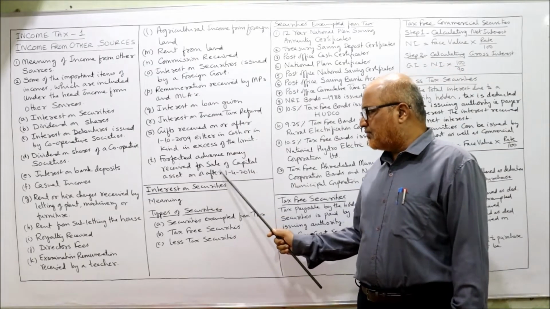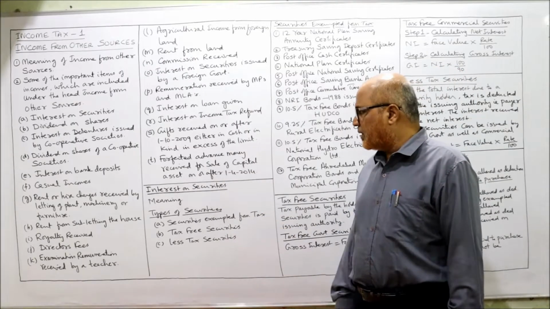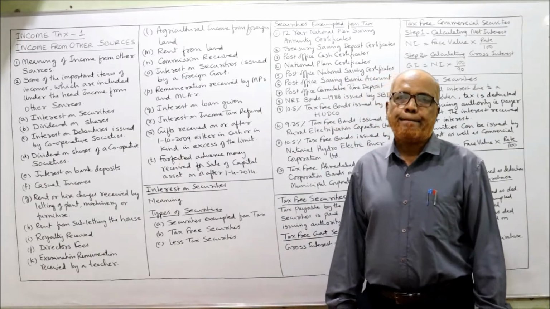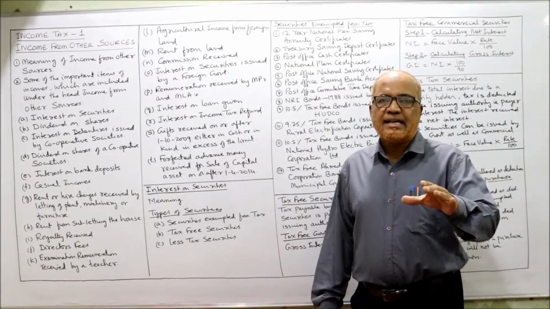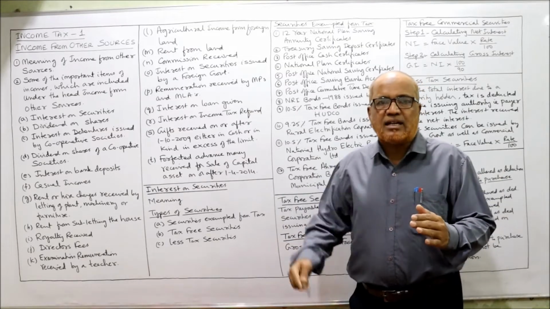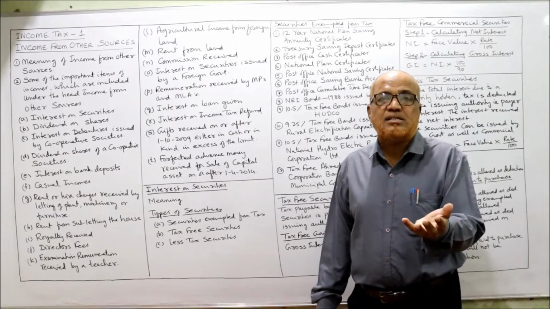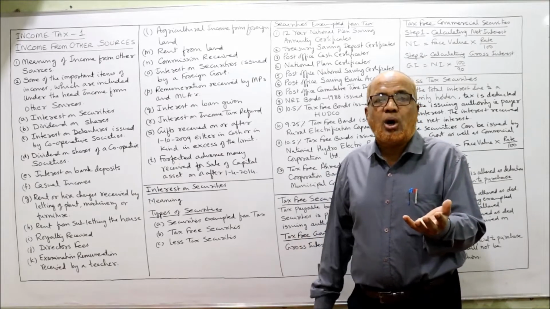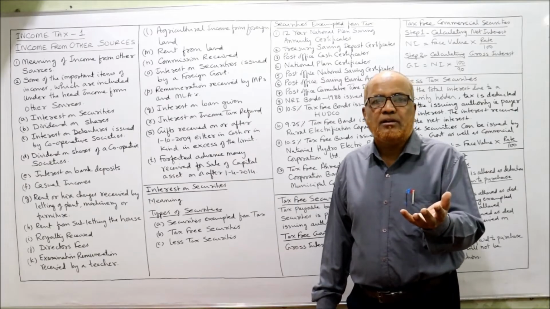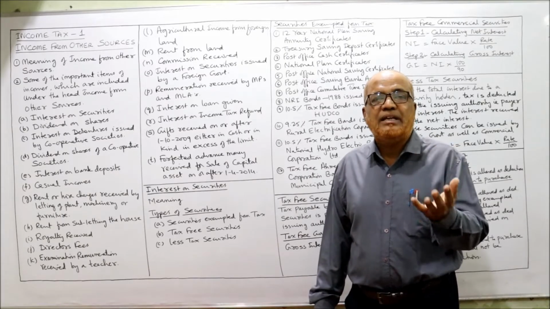Forfeited advance money received for sale of capital asset on or after 1/4/2014. In the last video, I have explained this. If a person has transferred a capital asset, and for the purpose of making the transfer, he has received some advance money, but the buyer has not fulfilled his obligation to purchase the property, then the advance money is forfeited.